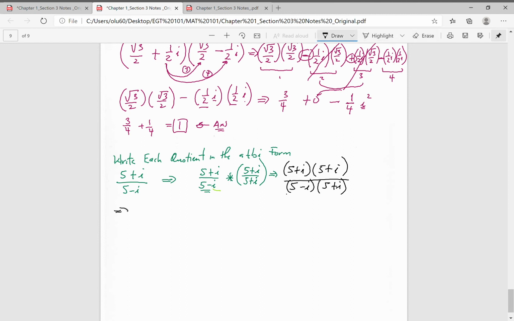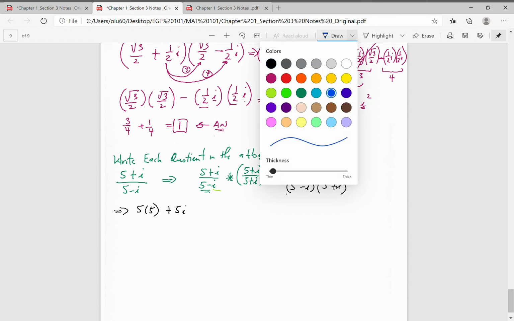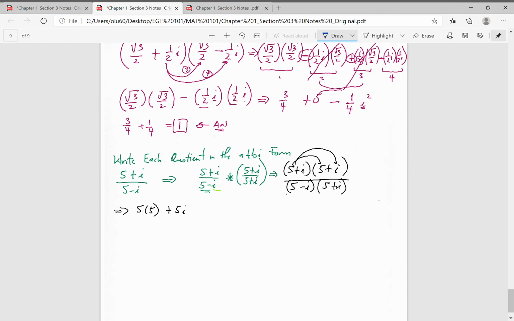So when we do so, we're going to get 5 times 5, plus 5 times i, plus i times 5, which is 5i, and then plus i squared.